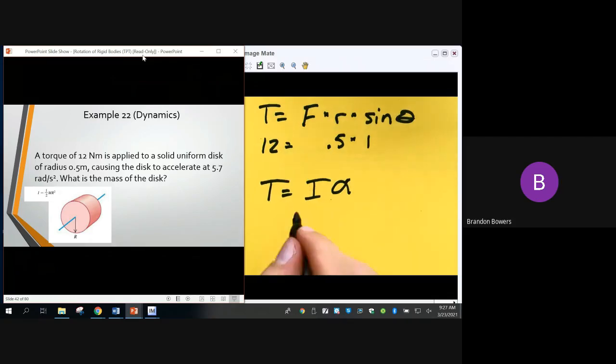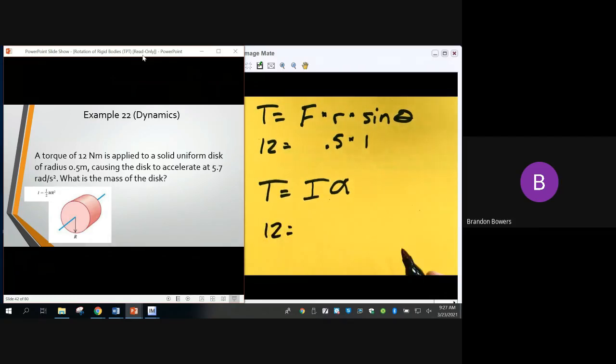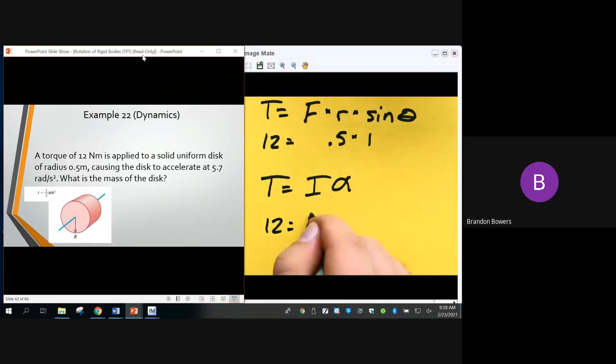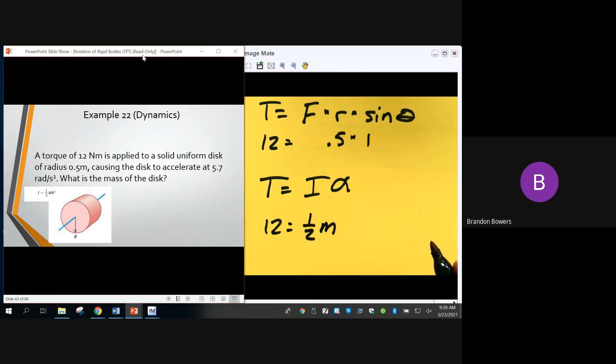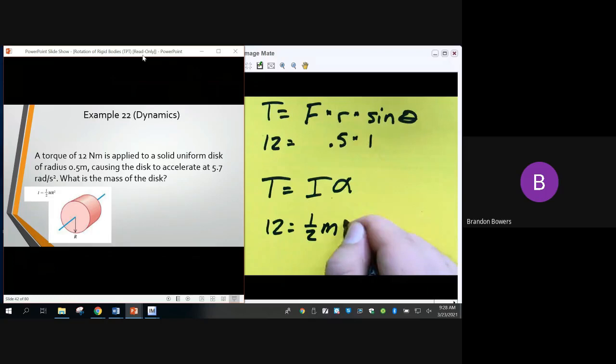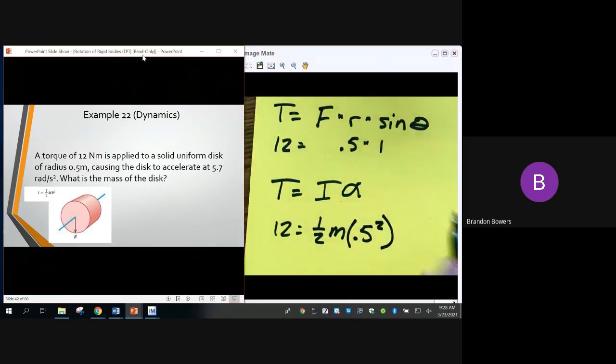So here, 12 is going to equal my 1/2 m r squared, so r, which is 0.5, squared, times my alpha, which is 5.7.